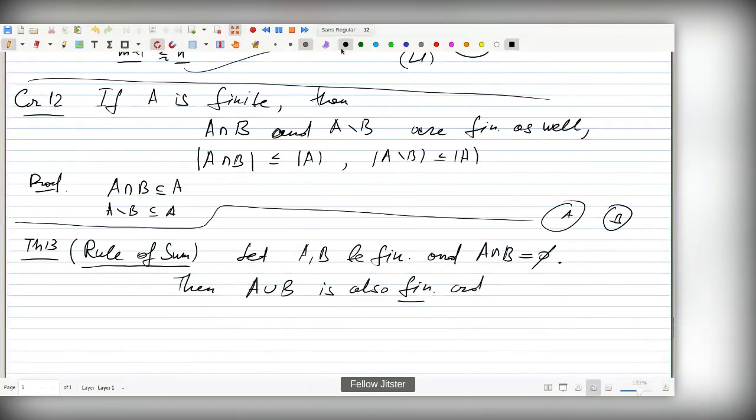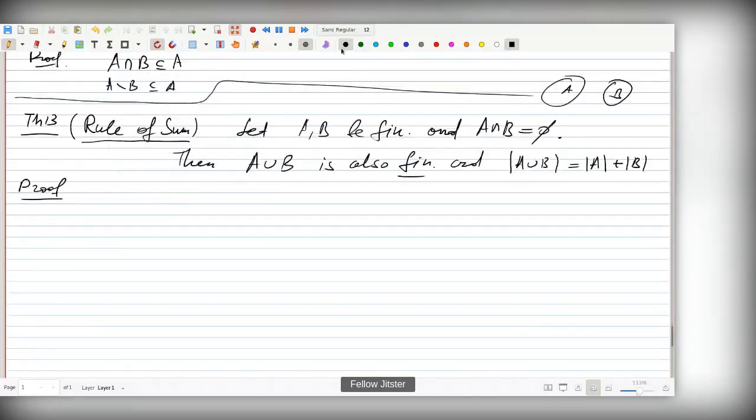And moreover, its cardinality equals the sum of the cardinalities of A and B. So here we are reinterpreting addition, numeric addition, in terms of set union.